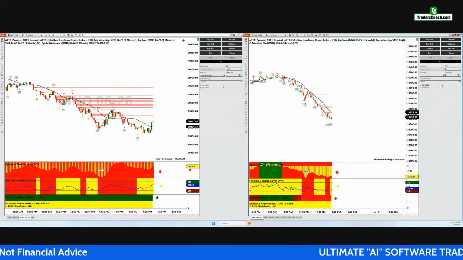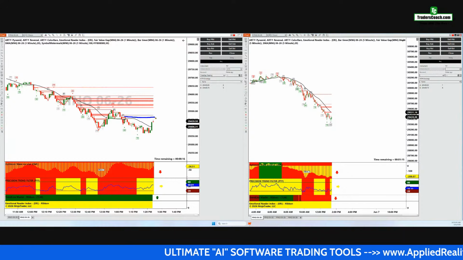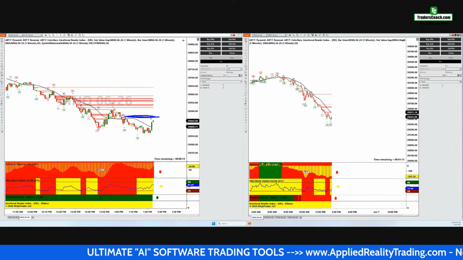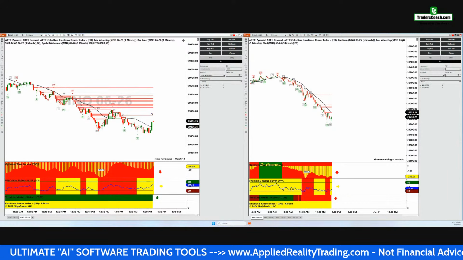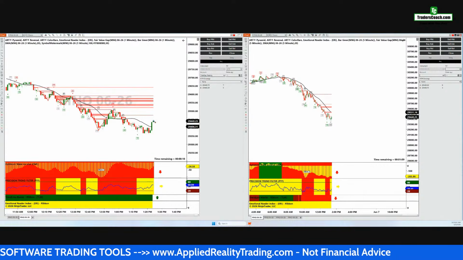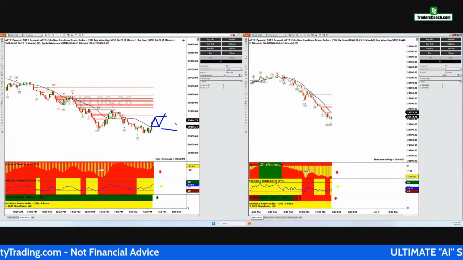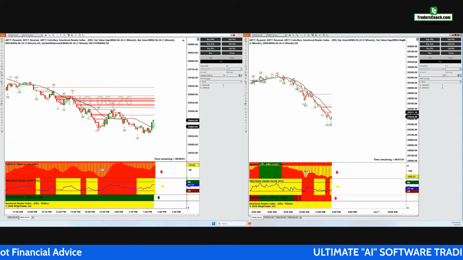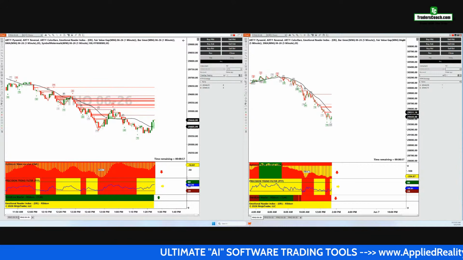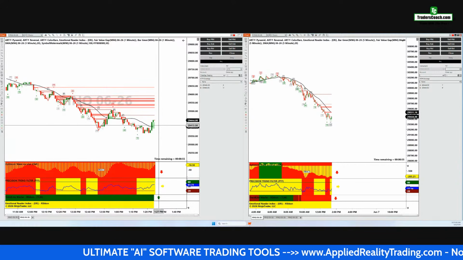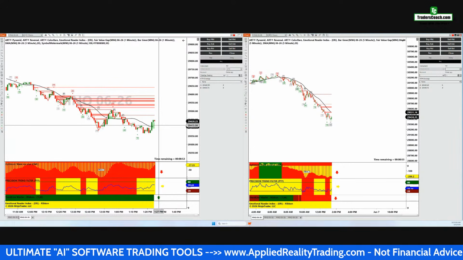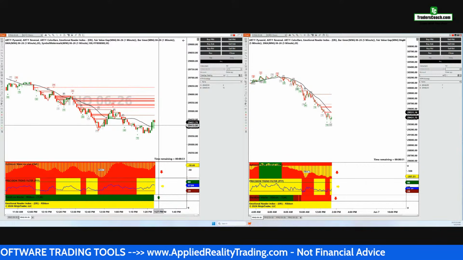So for my situation, I'm going to use the top of this pyramid as the first possibility of a change in structure. And then what I want to see is a move down, possibly another pyramid forming in here. Then you could take that stop down here, that type of thing. All right, I like the bullish fair value gap. That's something we have to see to even consider going against this trend.